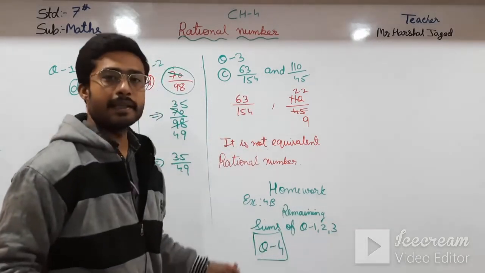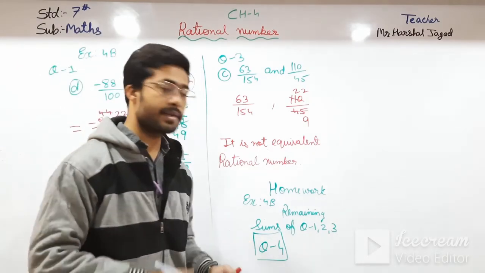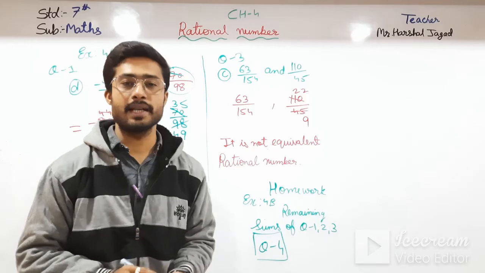Okay, I think it is an easy question that you can do easily, so just try to do question number 4. Okay students, we will meet in the next video. Okay, bye students.